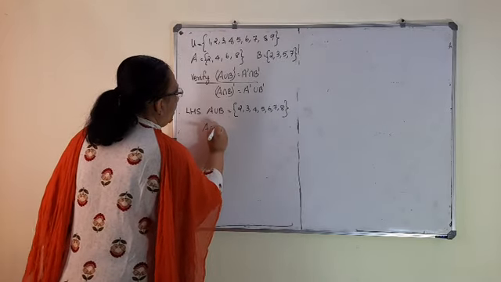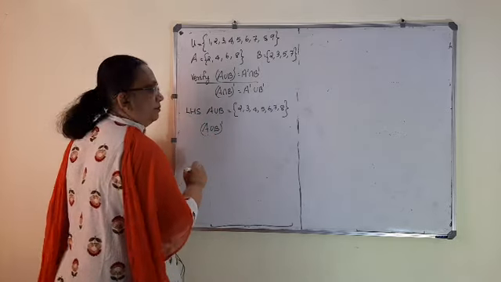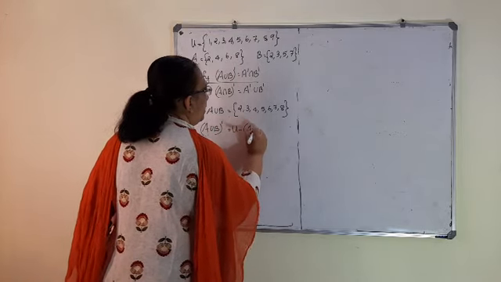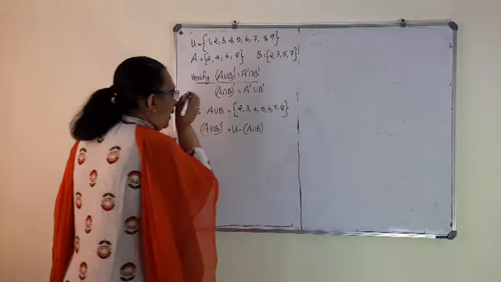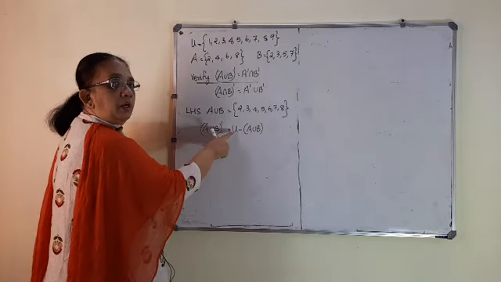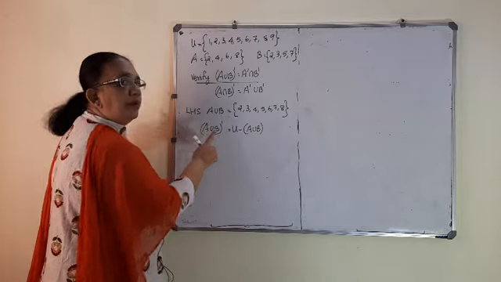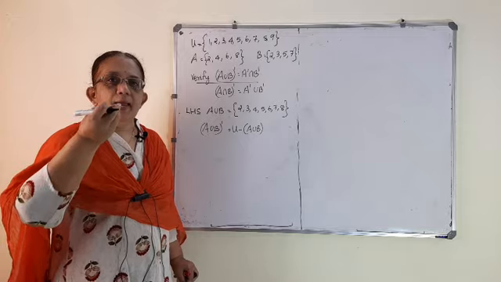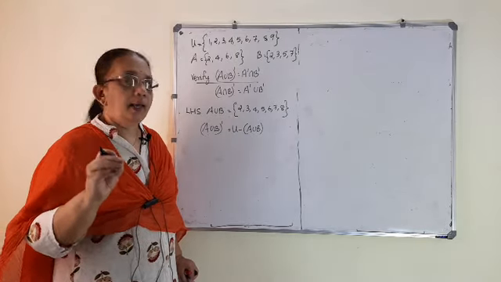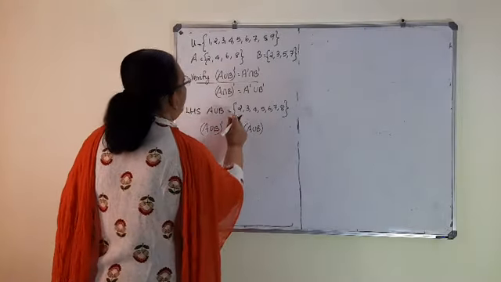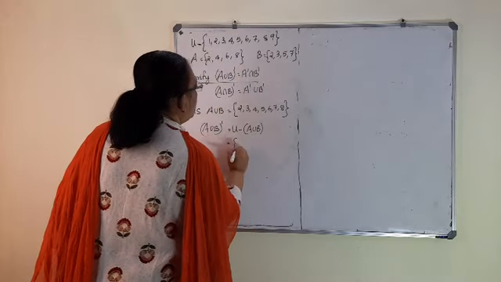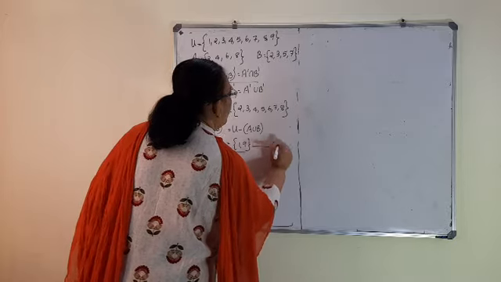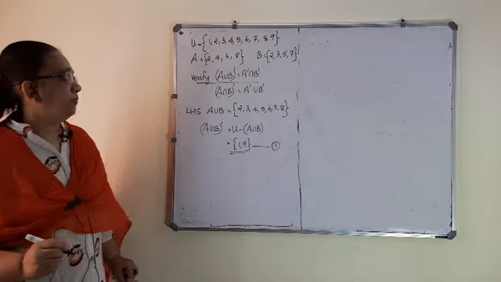A union B the whole complement is equal to U minus A union B. The meaning is the elements that are in U but not in A union B. Which are the elements? 1 and 9. Mark that as equation number 1 because it is your LHS part.